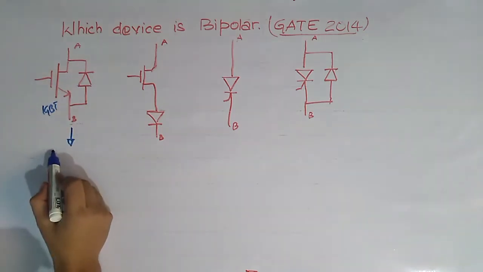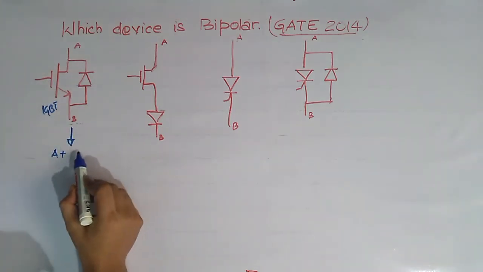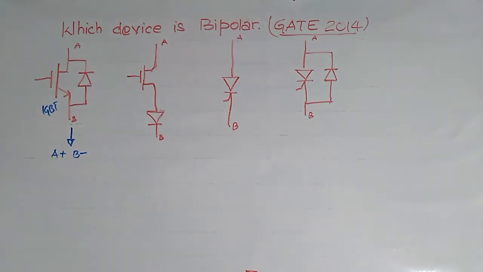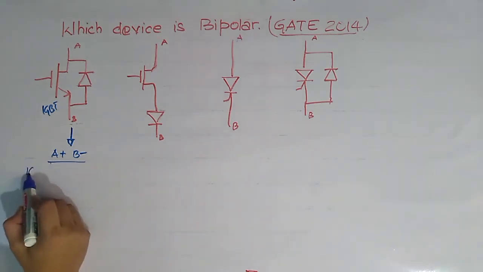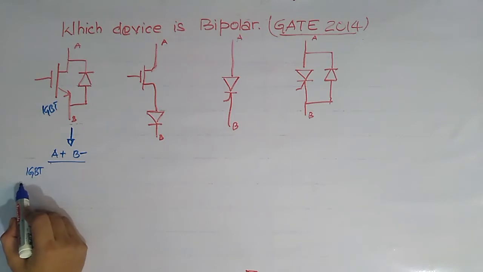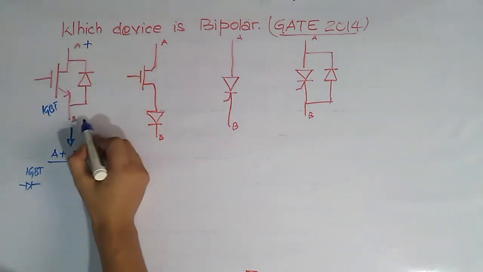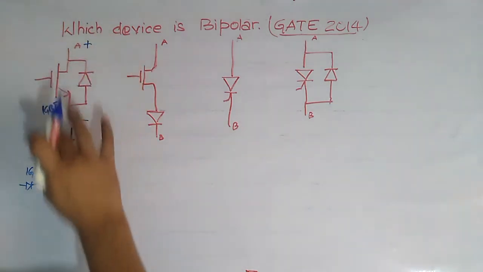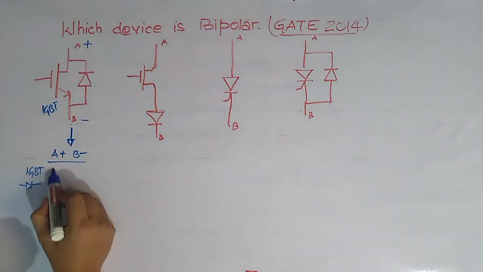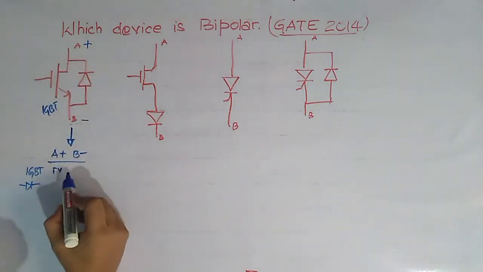Suppose when A is positive and B is negative. We know that IGBT blocks the forward polarity of voltage and allows the forward current, while diode allows the forward current and blocks the reverse polarity of voltage. So when A is positive and B is negative, this will act as forward polarity for this IGBT and it will block this polarity.